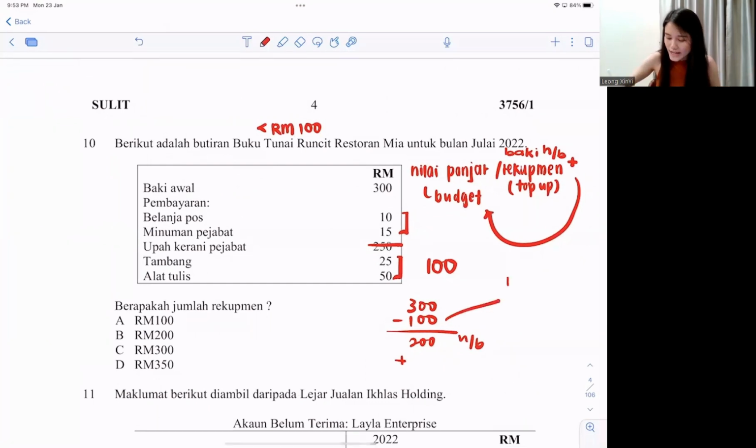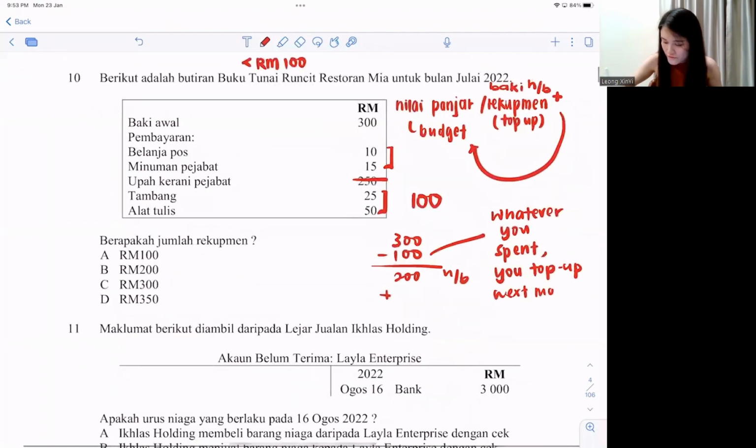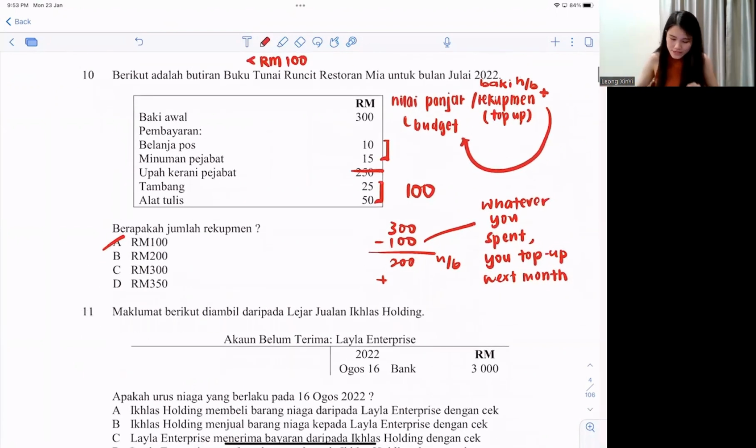Actually lah, whatever you spend, you top up next month. So it's just like the sequence reversed, you understand? Like how it used to be 300, you spend 100 mah. So now you add back 100 lah after you spend. So the answer for your recruitment is 100 ringgit. Okay, let's move on to 11.